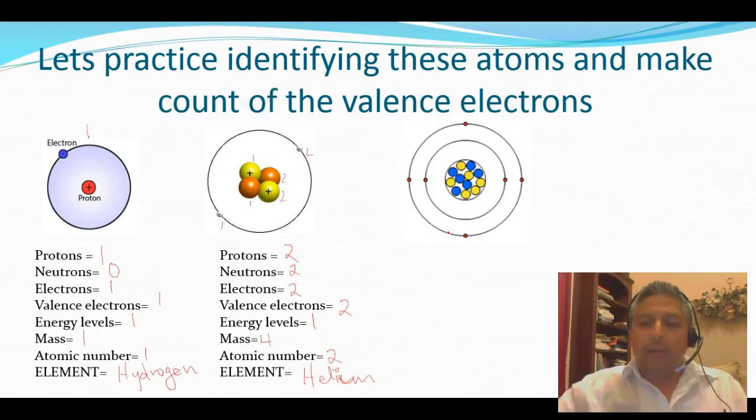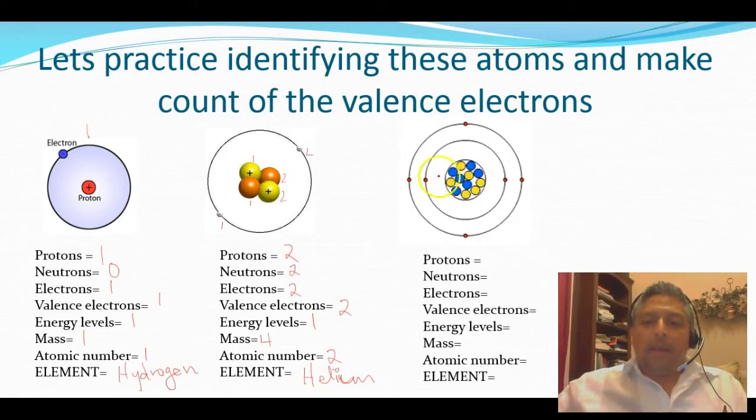Let's move on to the next one. Here the protons are going to be the blue ones. They are going to be 1, 2, 3, 4, 5, and 6. So we got 6 protons. We got 1, 2, 3, 4, 5, and 6 neutrons. Electrons, we have 1, 2, 3, 4, 5, and also 6.